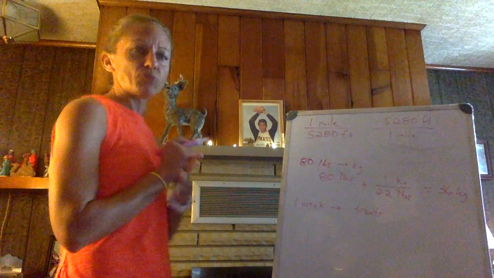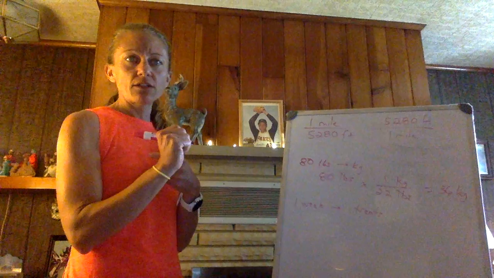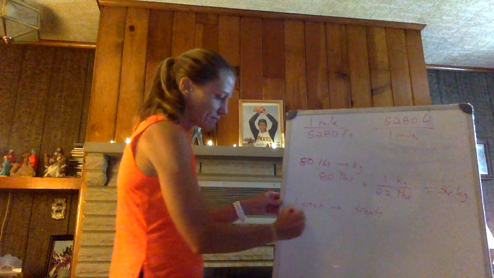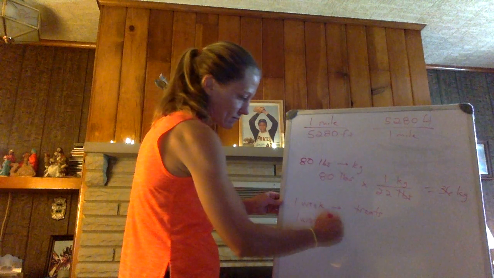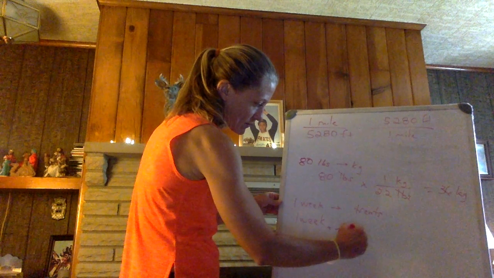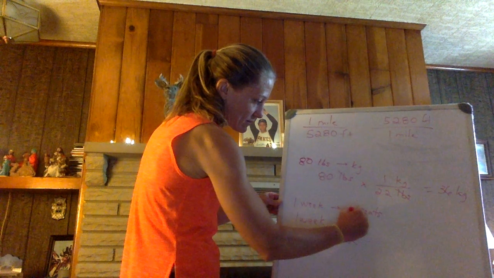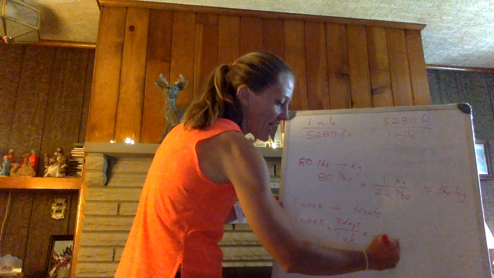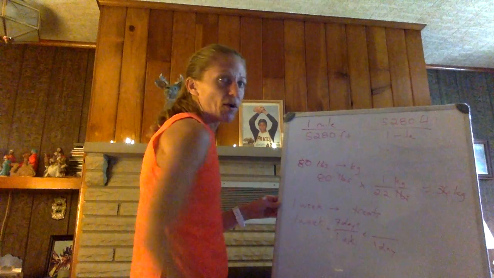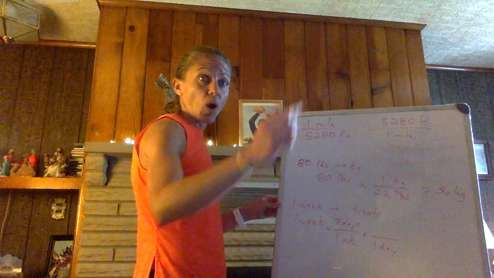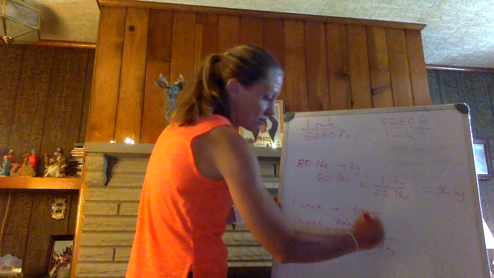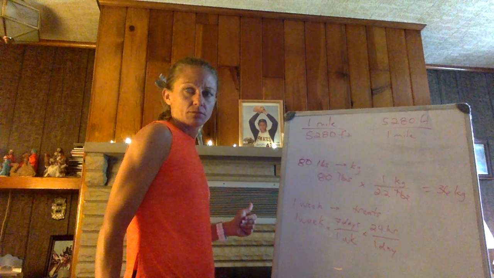So what I want to do is make a plan to go from a week to treats. Well, I know that a week has 7 days in it. And I know that every one day has 24 hours.